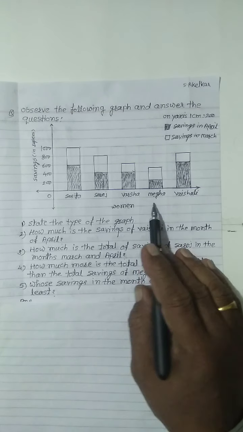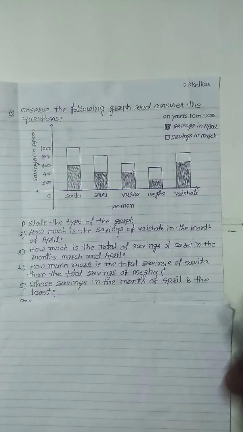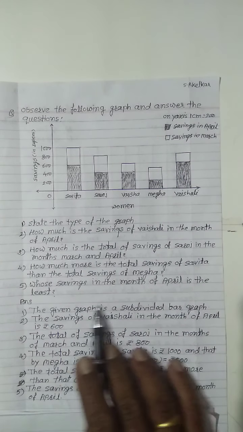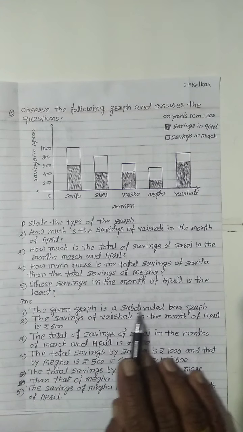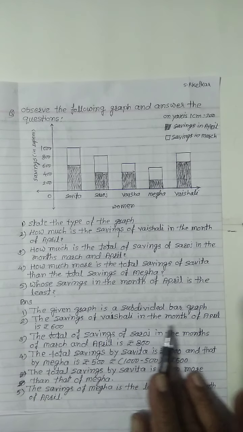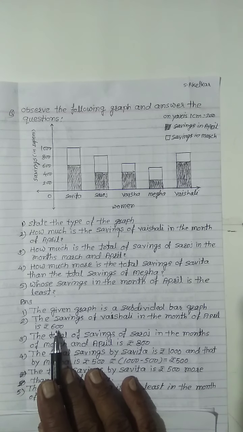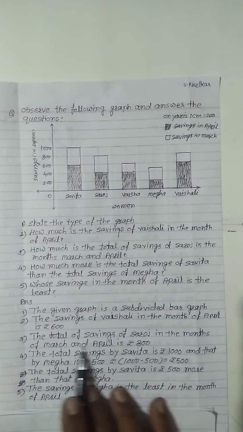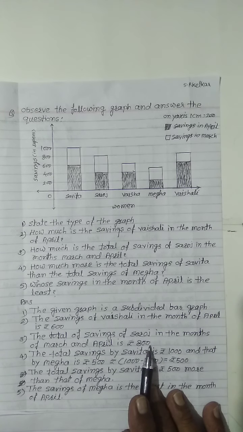Megha has the least saving in the month of April. See the answer. The given graph is the subdivided bar graph. Saving of Vaishali in the month of April is 600. Then the total saving of Saroj in the month of March and April is 800.